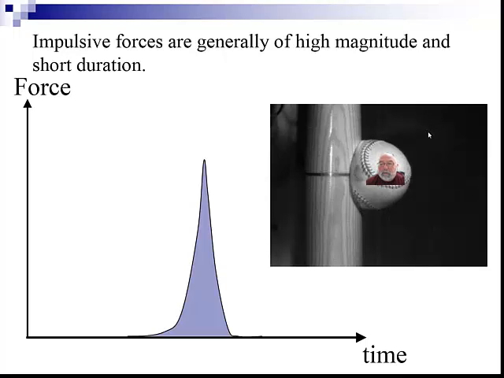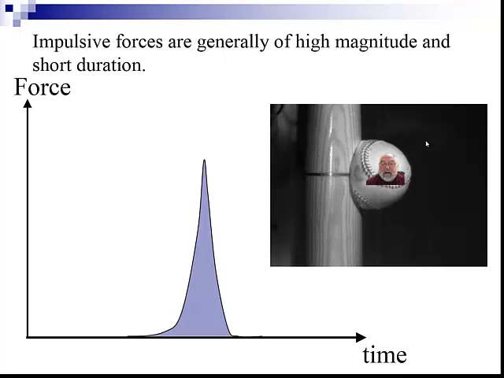So the force is the same. It happens for a very short time. It happens for the same amount of time on each object. Can't have one object touching the other object for a longer period of time, just like you can't have one object touching the other object harder. That's part of Newton's third law.